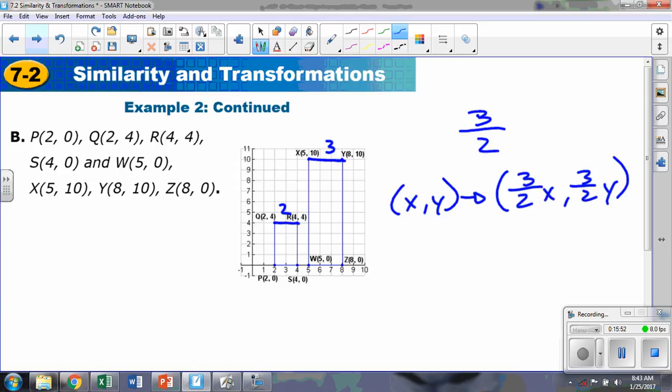And of course, if you want to speed up some of the calculations, feel free to grab a calculator and do the multiplication. So when we're looking at this, 2, 0, if we multiply by 1.5, we get 3, 0.